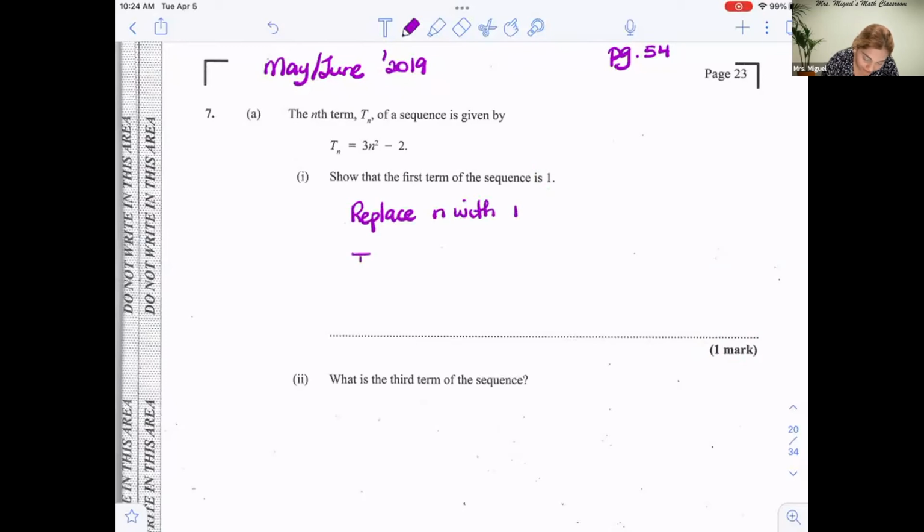So this becomes T1 is equal to 3 open bracket 1 squared minus 2. If you don't know what is 1 squared, there's a function in the calculator for that. But 1 squared simply means that we multiply the number by itself. So 1 squared is 1 times 1, which is 1. So this is 3 multiplied by 1, take away 2. 3 multiplied by 1 is 3, minus 2 is 1.